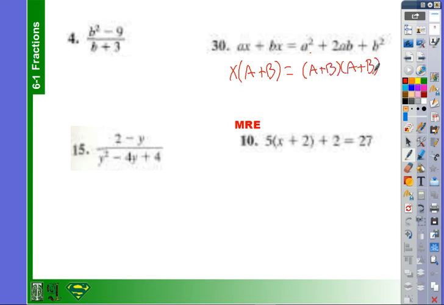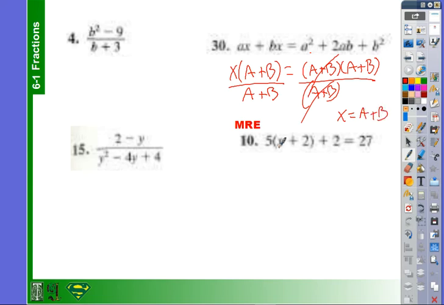Now, the reason why I kept it in factored form without using an exponent is because I highly suspect I'm going to be canceling things out. So, what's the opposite of multiplying x by a plus b? Dividing by a plus b. So divide this by a plus b, and I will get simply x is equal to a plus b.